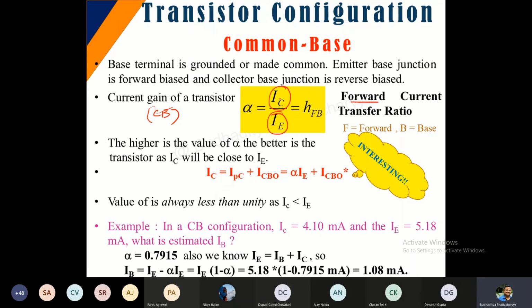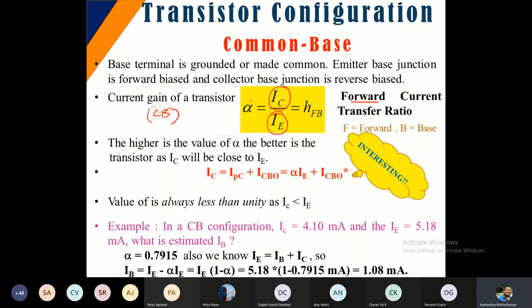Forward, because IC is the current flowing towards the collector, and transfer ratio because it is how much gets transferred from emitter to collector. Clear? That is given by alpha. Please make a note of this parameter.